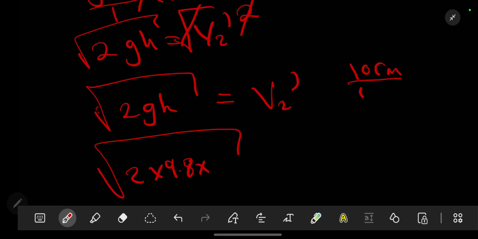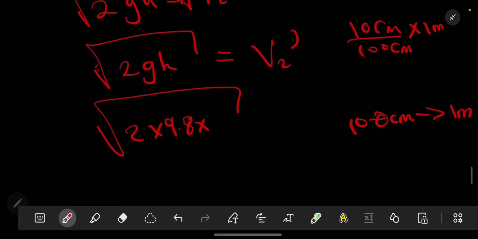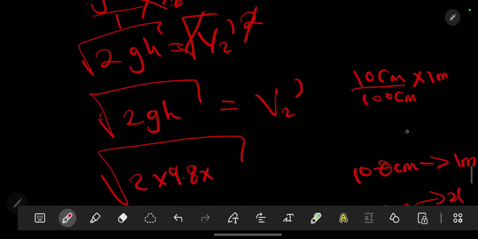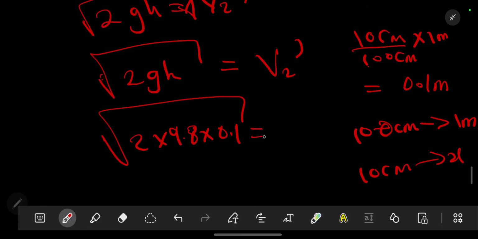To convert it to meters, divide by 100 centimeters, then multiply by 1 meter. You can do the usual conversion: 100 centimeters is equal to 1 meter, so how about 10 centimeters? It still gives you the same thing, which is 0.1 meters.